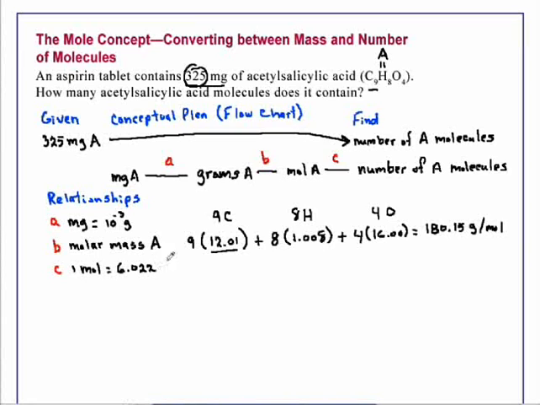And we'll take one more sig fig, 6.022 times 10 to the 23rd. In this case, that is the number of A molecules. Well, now we're ready to solve the problem.